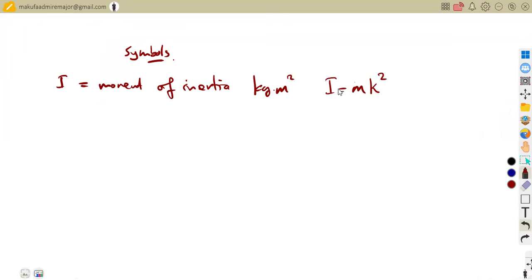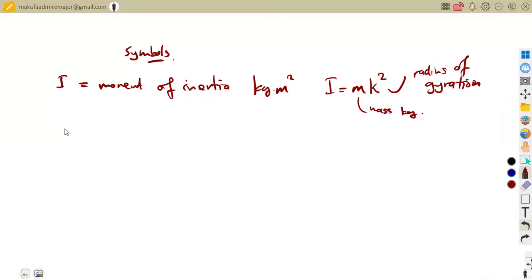So inertia is equal to mass times k squared, where k represents the radius of gyration. It is the radius in meters, so that's where we've got the meter squared. Then m represents the mass in kilograms.